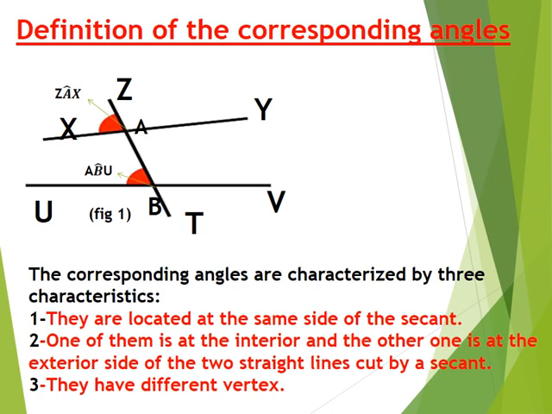Also, we can see that one of the two angles in this figure is located at the interior side of the straight line, while the other corresponding angle is located at the external side of the other straight line. The third property is common with the alternate interior angles: the corresponding angles have different vertices as well.